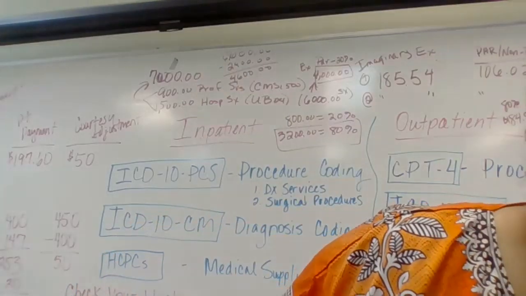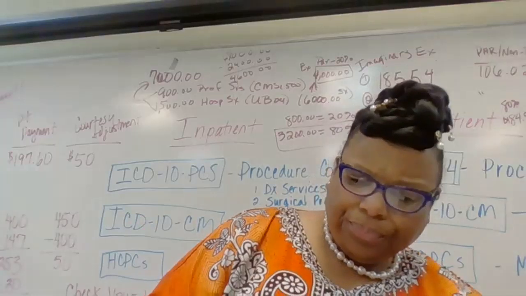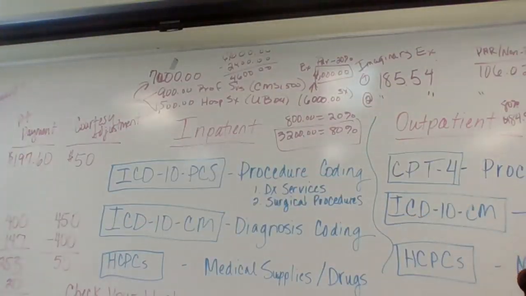Now, let's look at this. Edna. Edna is the explanation of benefits for what type, commercial? Oh, never mind. Commercial.